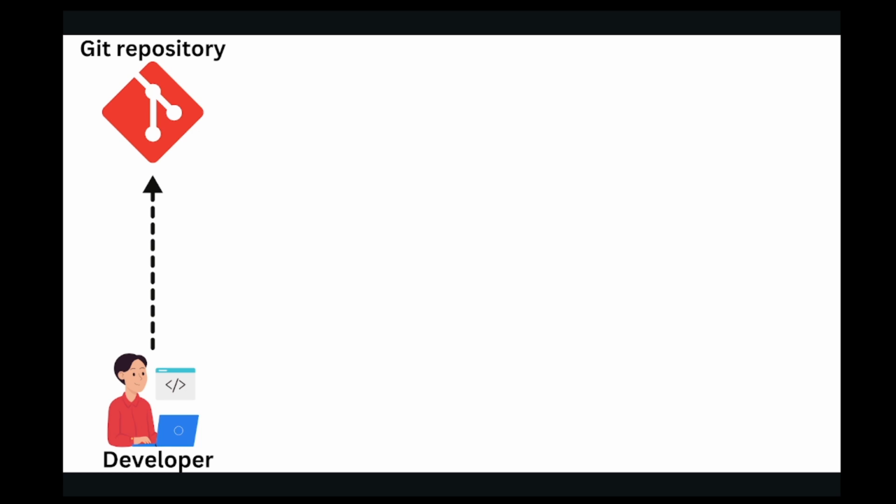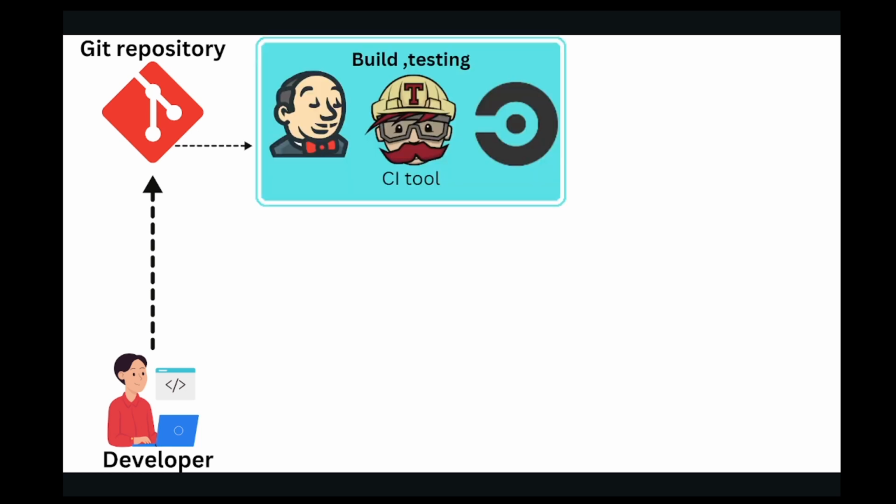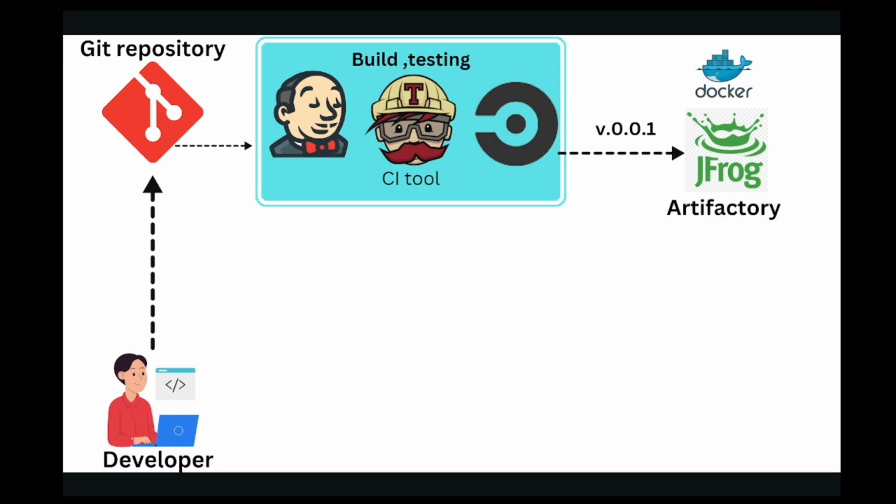Once the code has been pushed, we will have CI tools, which build and test your code. Some examples are Jenkins, Travis CI, Circle CI, Harness, and there are plenty of CI tools available. Once the building and testing is done, it is packaged and generates jar files, Docker images, or Helm charts.